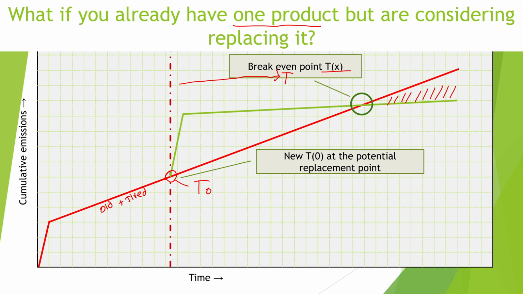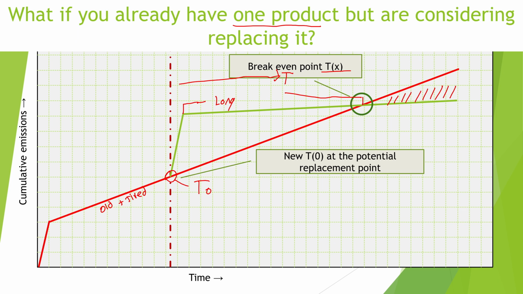Now the big question is, of course, will the green product last that long? So that really is requiring a sort of sense of clairvoyance and market analysis, and assuming that the green product will last that long, then you should, all other factors being equal, replace the red product with the green product as soon as possible.